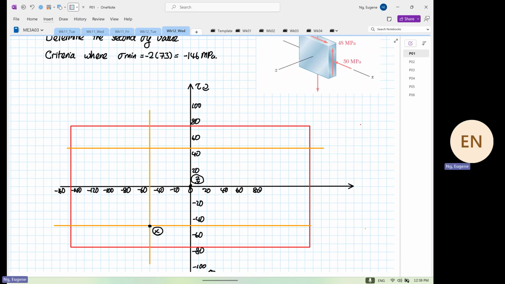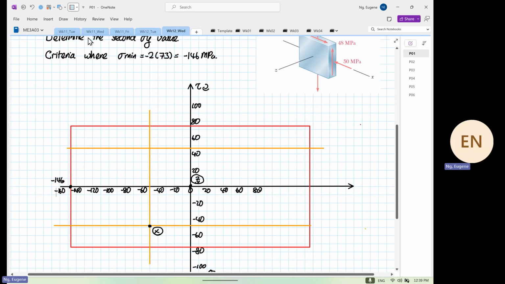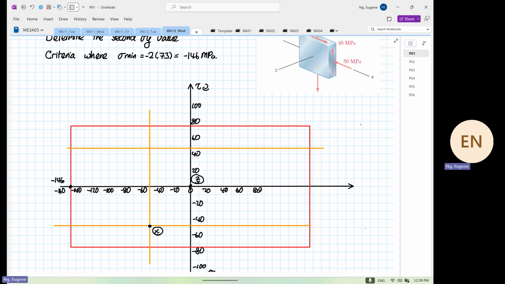We are very, very sure. So we are going to use the stress mean value that is equal to what? Minus 146. So what we are going to do now is the 146 and point X will be one Mohr circle.